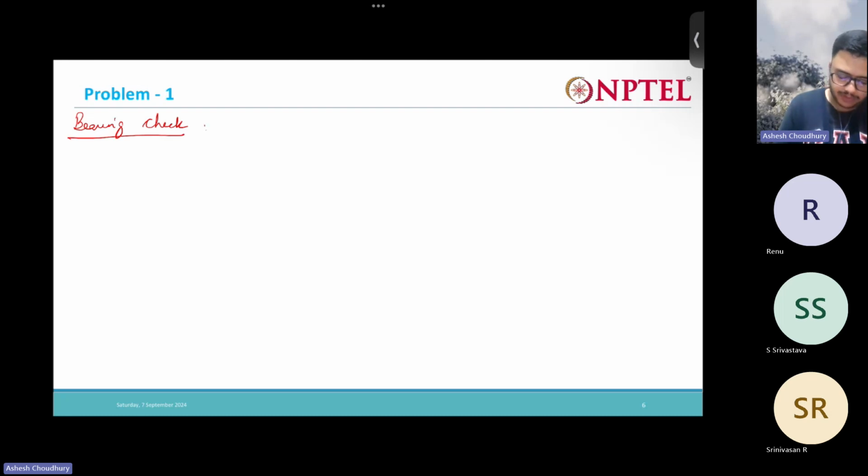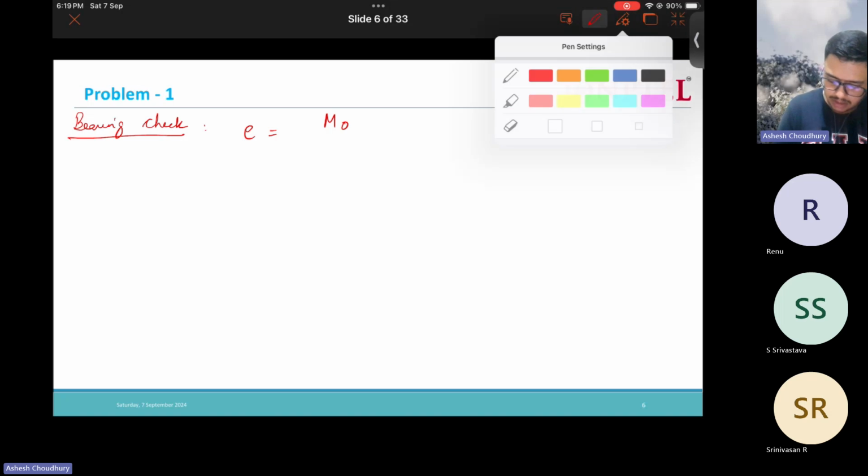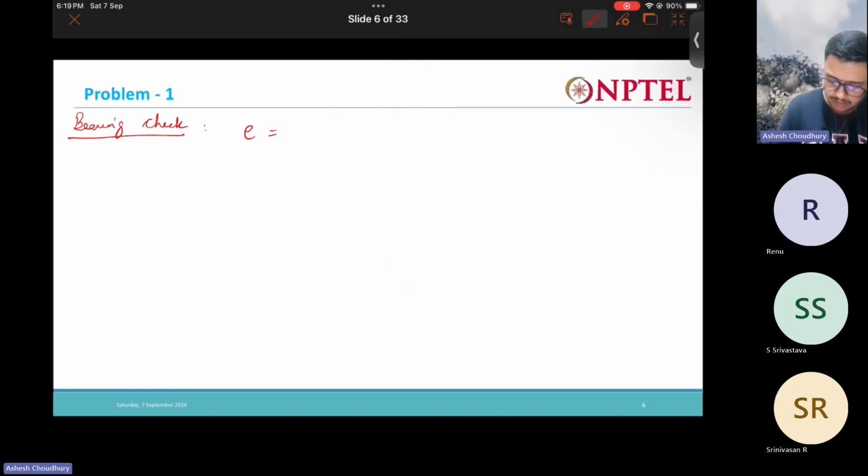Now, for that, we will first find the eccentricity. So, what is the eccentricity? The disturbing moment, or the overturning moment, let me use this nomenclature, divided by weight plus Q times L. Q is the surcharge.